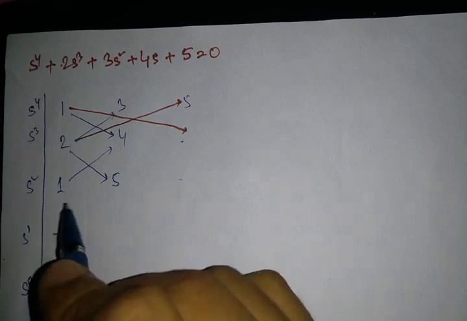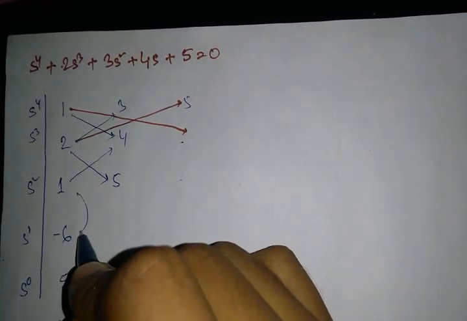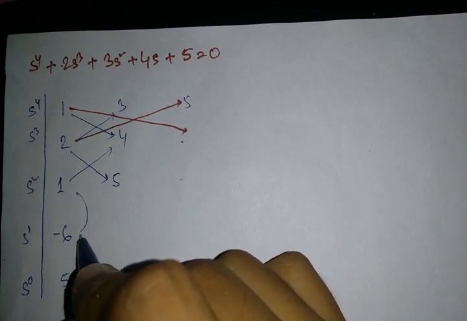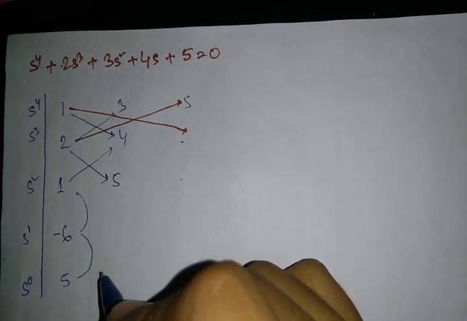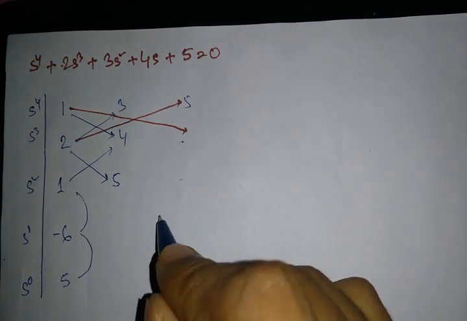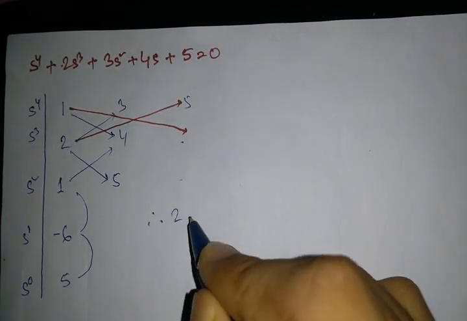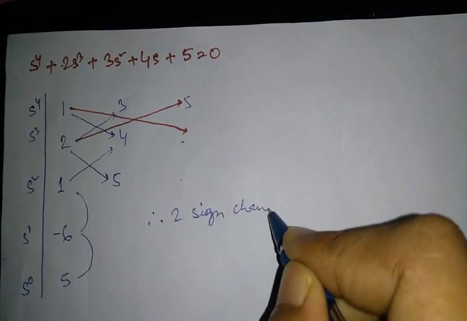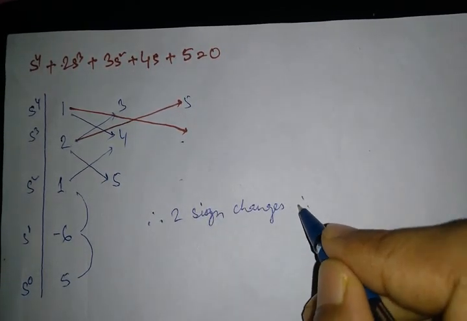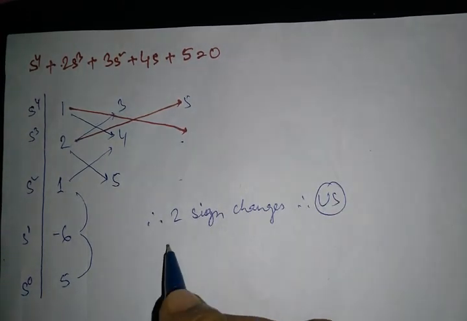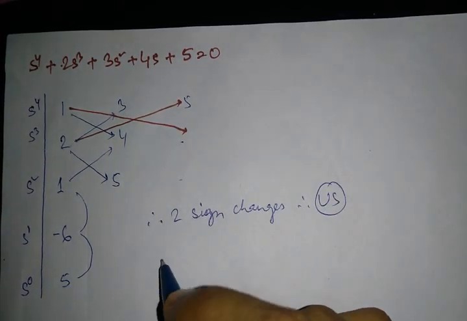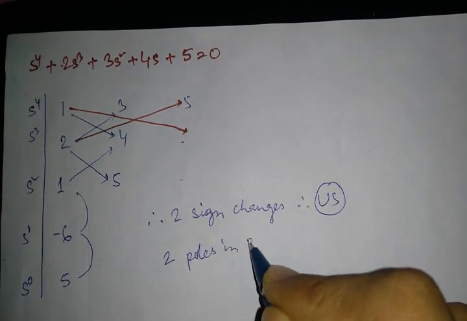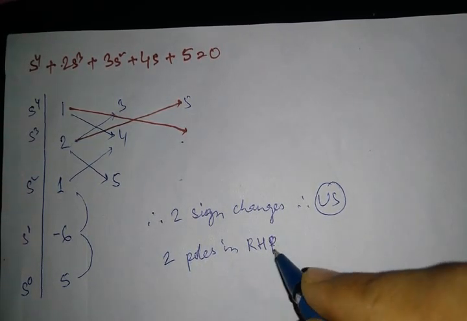Since here from plus 1 to minus 6 there is one sign change, and again from minus 6 to 5 one sign change, therefore there are a total of two sign changes, hence the system is unstable. And since there are two sign changes, two poles will be in the right hand side of the S-plane.